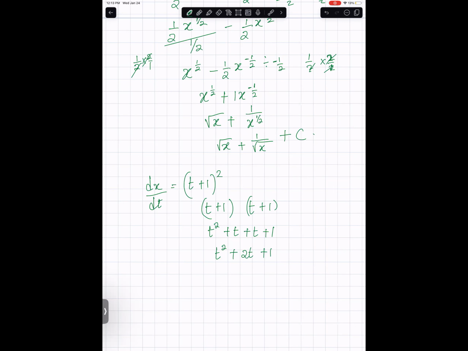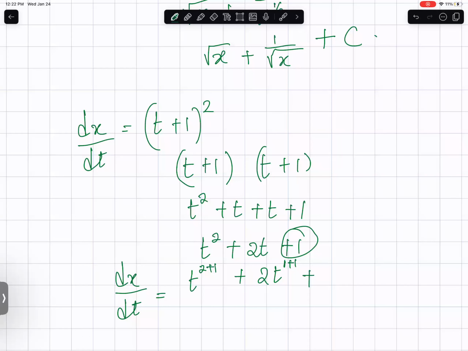So now we can do the integral with respect to t. The integral of this, guys, gives us what? t squared into 2 plus 1 plus 2 into t, 1 plus 1. Since we don't have a t to integrate with respect to, just like our differentiation, so integrating this with respect to t gives us t.